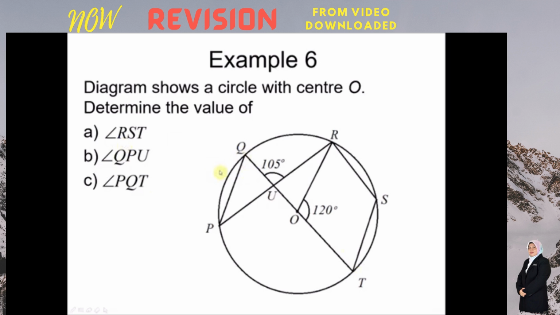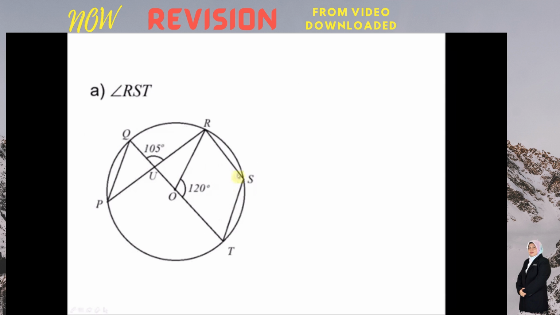We try to look at RST first. In order to find RST, this angle here is formed from the lines RS and ST. So actually this is an angle at the circumference of a circle subtended by the major arc RT. There is another angle subtended by this arc.